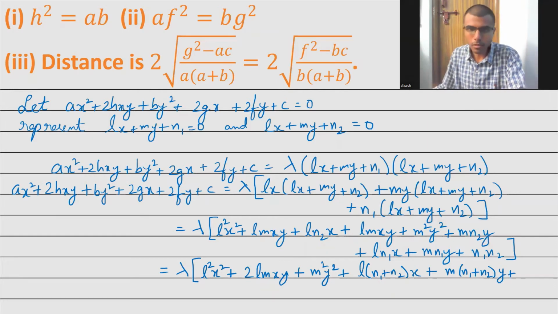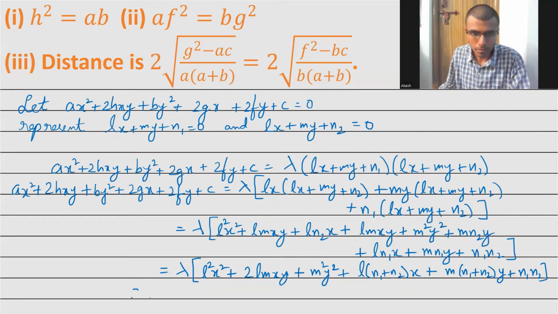And then at last I want a constant. What else is left out? n1 n2. That's my constant. Now this is nothing but equal to, I'm just multiplying lambda to each and every term.